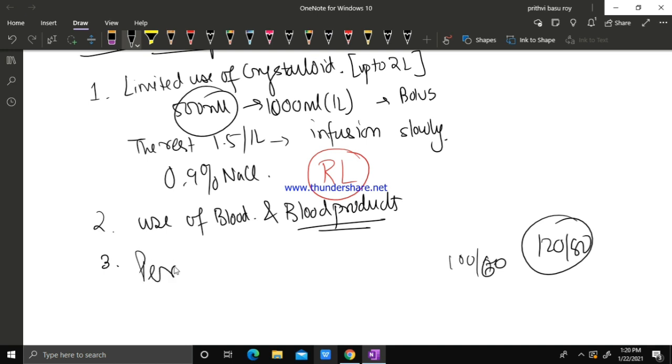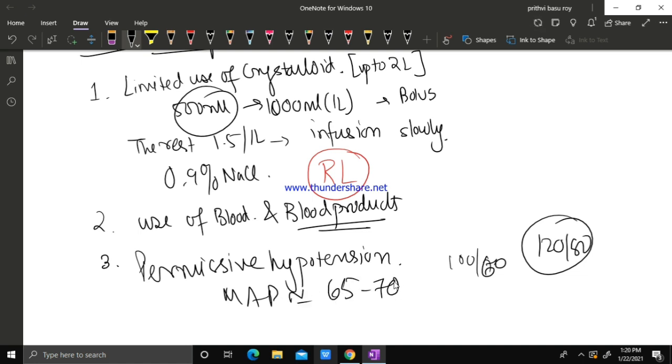That is known as permissive hypotension. And that is what is important to know. You have to allow permissive hypotension so that the mean arterial pressure is nearly about 65 to 70 millimeter of mercury. It's around this much you have to maintain.